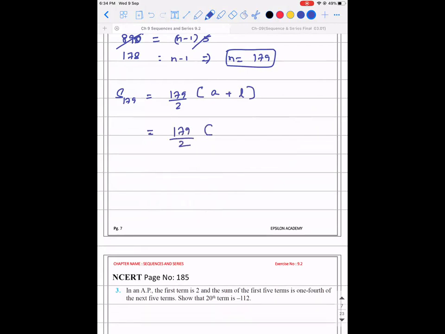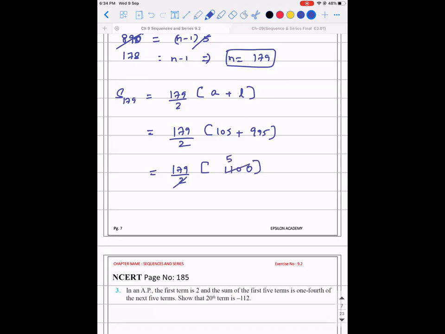179 by 2. A is how much? 105. Last term is 990. So 179 by 2 into what do you get? 1100.